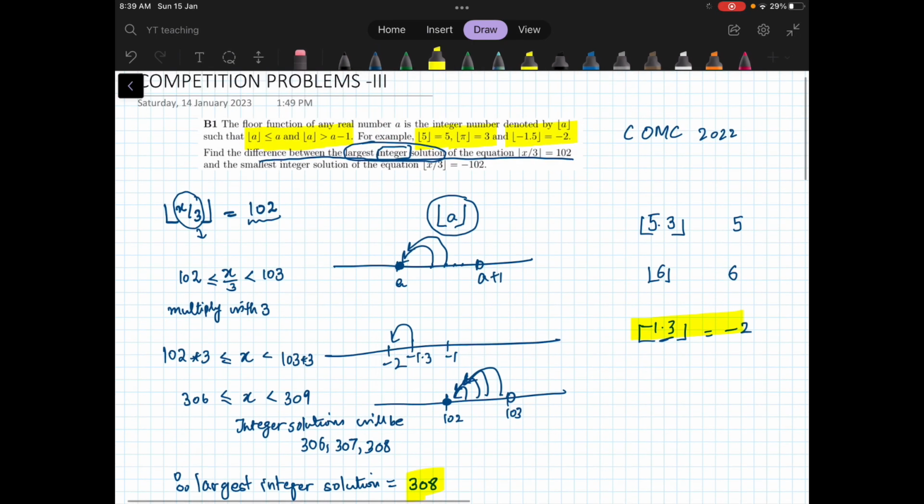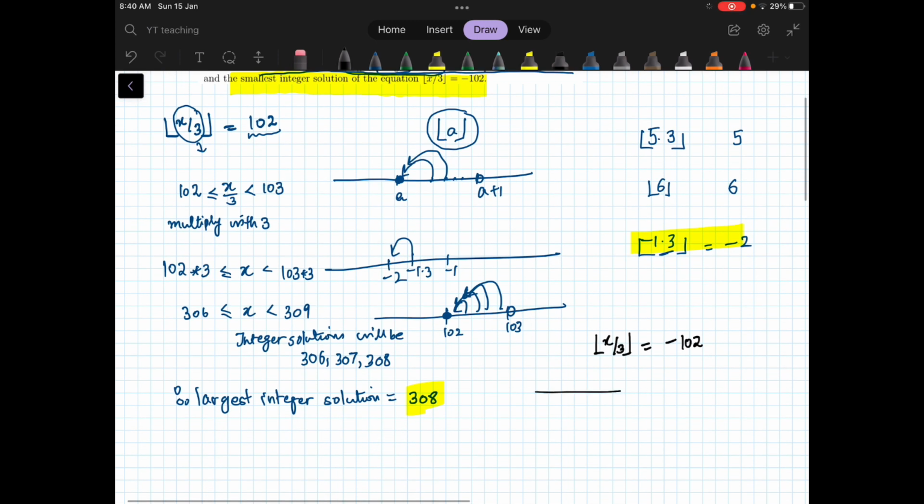Now read the statement again. You have to find the smallest integer solution of the other equation, floor of x by 3 equals minus 102. If I want my floor function to be minus 102, then this end is included and this end is excluded. So x by 3 should be greater than or equal to minus 102 and less than minus 101.